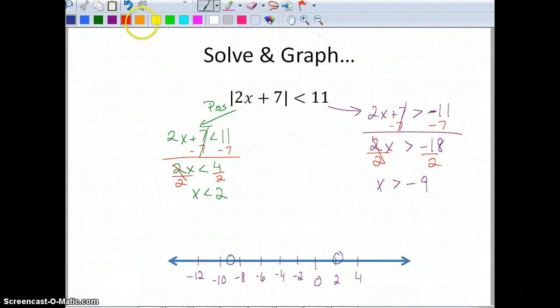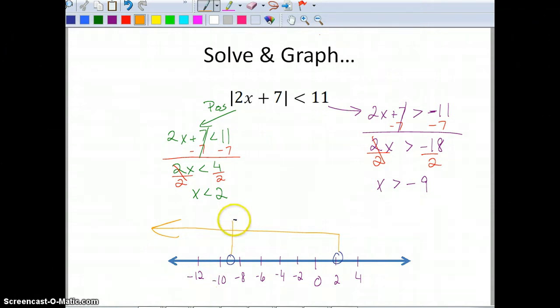Now I need to figure out where I'm going to shade. Now x is smaller than 2. Is 4 smaller than 2? No. What about 0? Yes, so I know I'm going to be shading to the left. Let's look at x is greater than negative 9. Well, is negative 12 larger than negative 9?